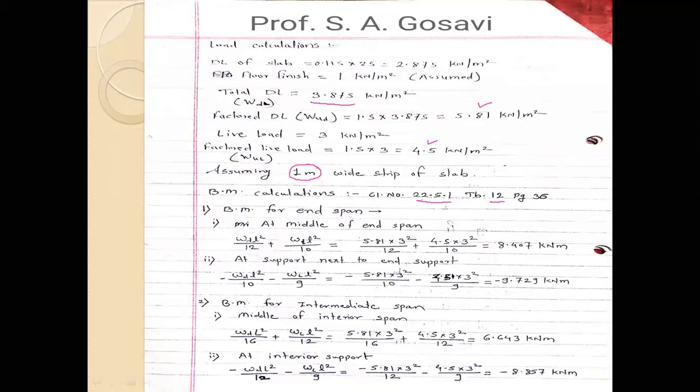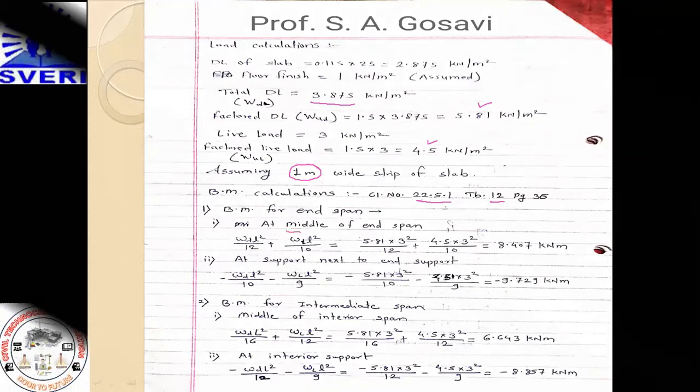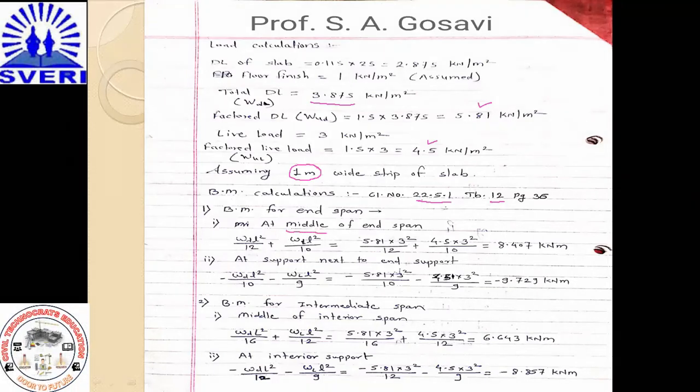The bending moment is calculated at the middle of the end span, and after that at the support next to the end support, the bending moment is also calculated.